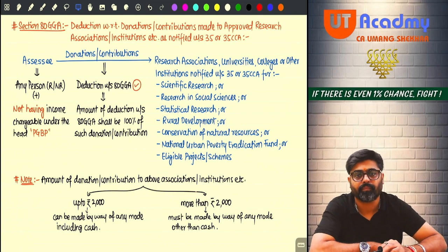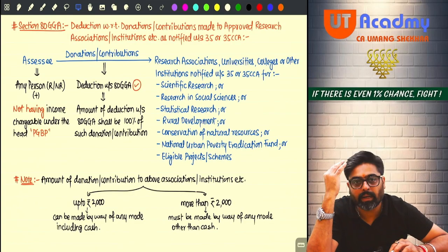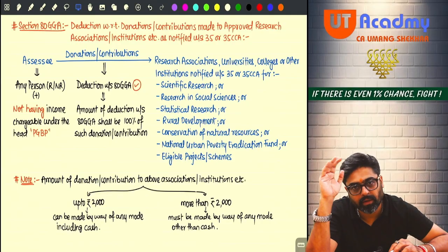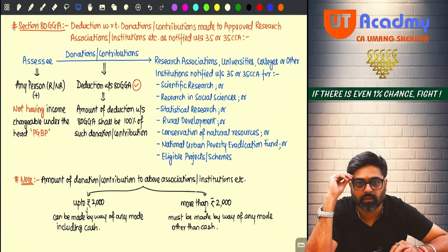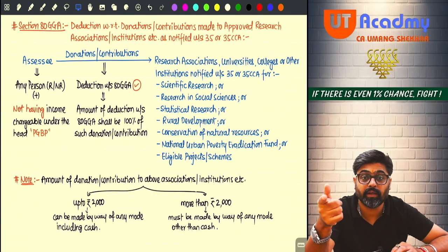Now see, there is a political party or electoral trust and you are donating to that political party or electoral trust. Can you donate? For that entire donation you are going to get the deduction under 80GGB if you are an Indian company.